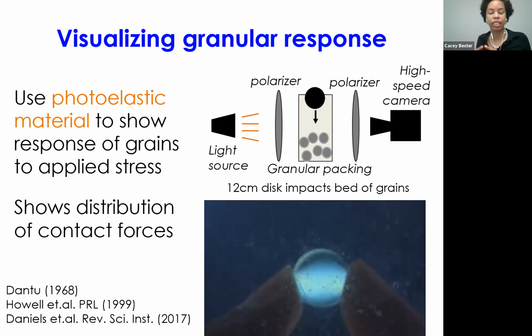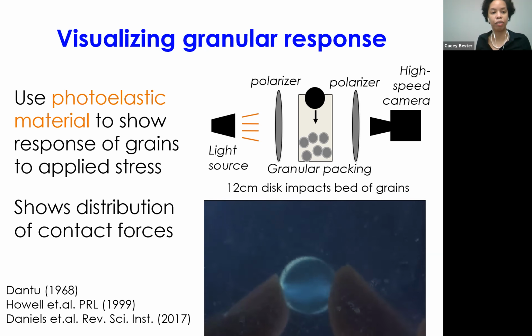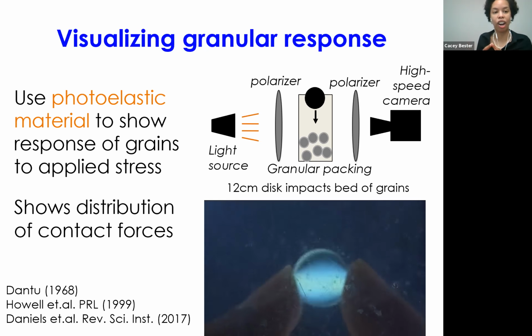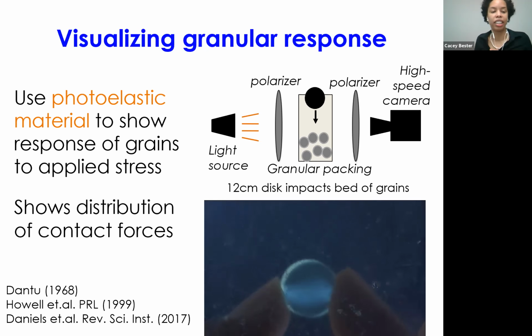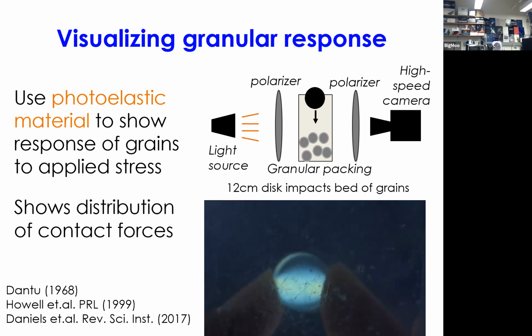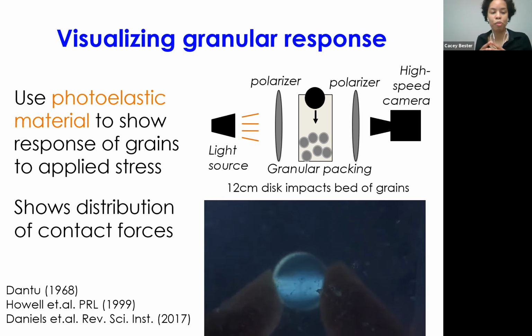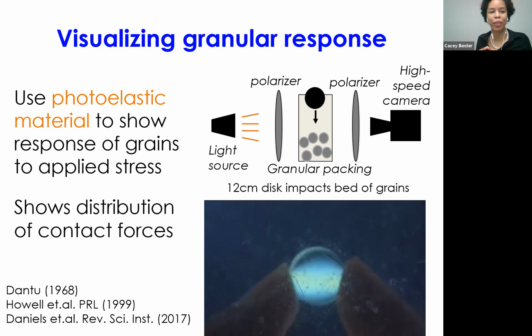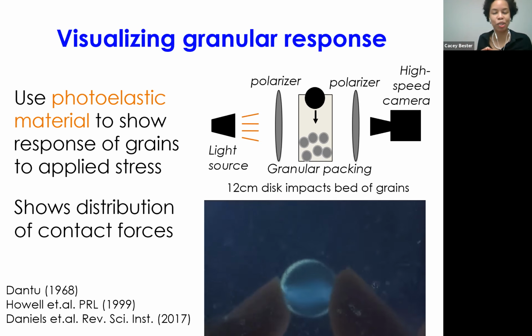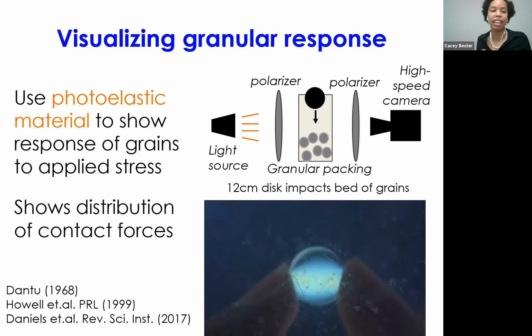So we can use such grains as a way of being able to visualize the granular response in our impact experiments. Are these grains compressible at all upon impact compared to incompressible sand? They are compressible, and we make use of that to get a significant enough measurement for us to be able to observe.